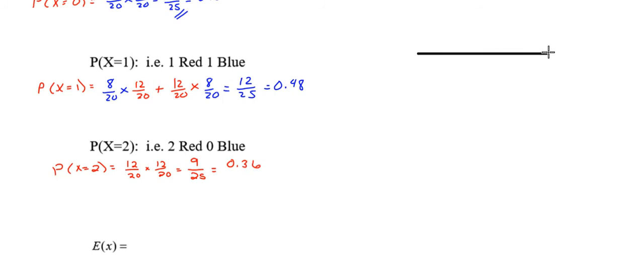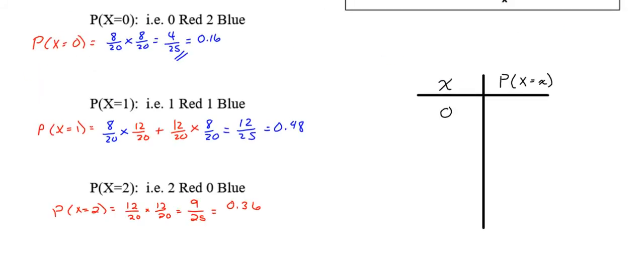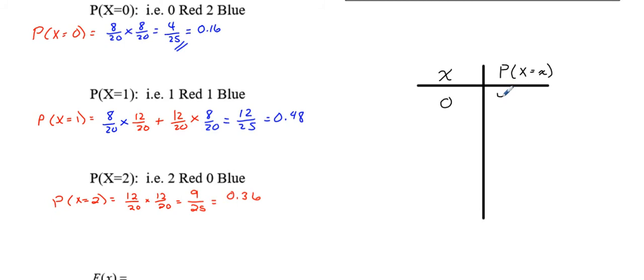So you don't have to draw a chart, but if you did want to draw a chart, this would be x, and this would be the probability that the number of red marbles is equal to each value of little x. So for 0 red marbles, we had 4 out of 25, which is 0.16.